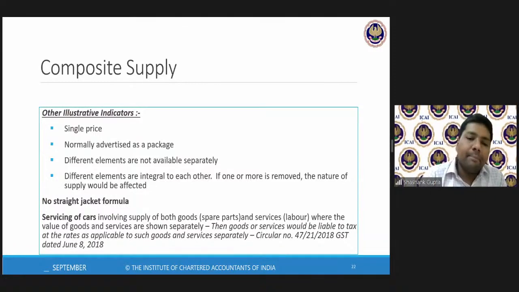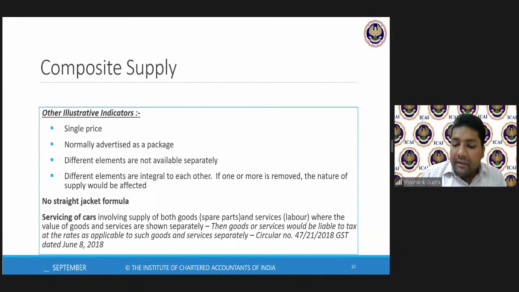Now I'll give you an example wherein a circular has been issued by the government. Some of you would already be driving cars, and most of you would have cars in your home. Soon you will become a chartered accountant and you'll have your own car.